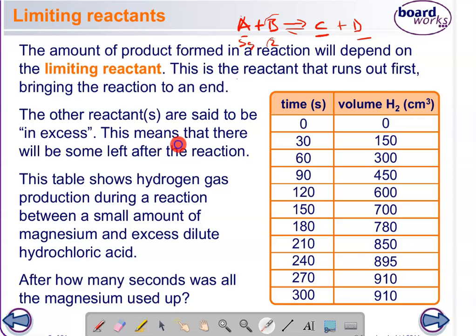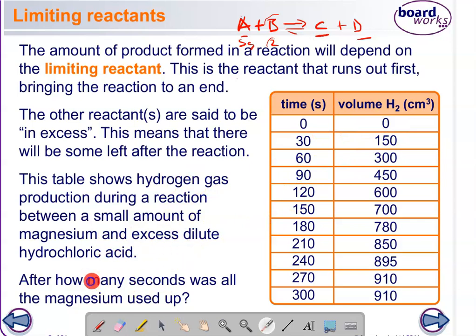Now, this table on the right here shows hydrogen gas production during a reaction between a small amount of magnesium and excess dilute hydrochloric acid. If we react dilute hydrochloric acid with magnesium, we are going to have hydrogen produced.